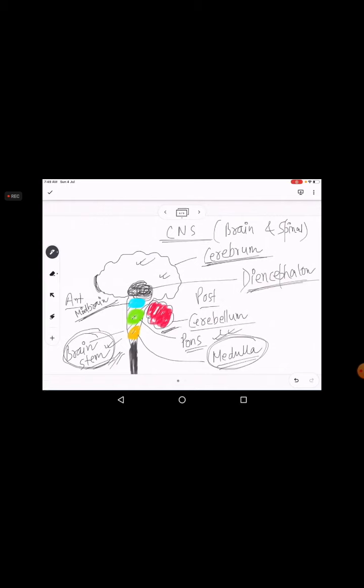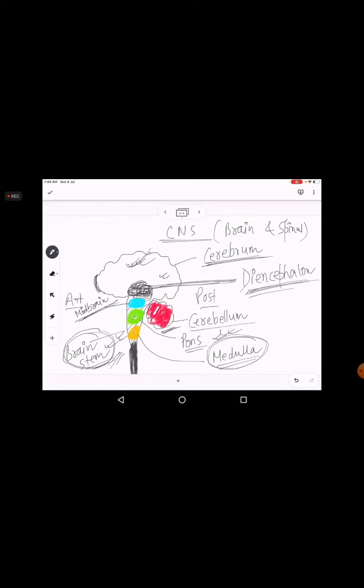And between your cerebrum, the topmost part, and your brainstem, the lowermost part, there is another structure, the diencephalon. If you know these different parts, I think this is enough for your exam.